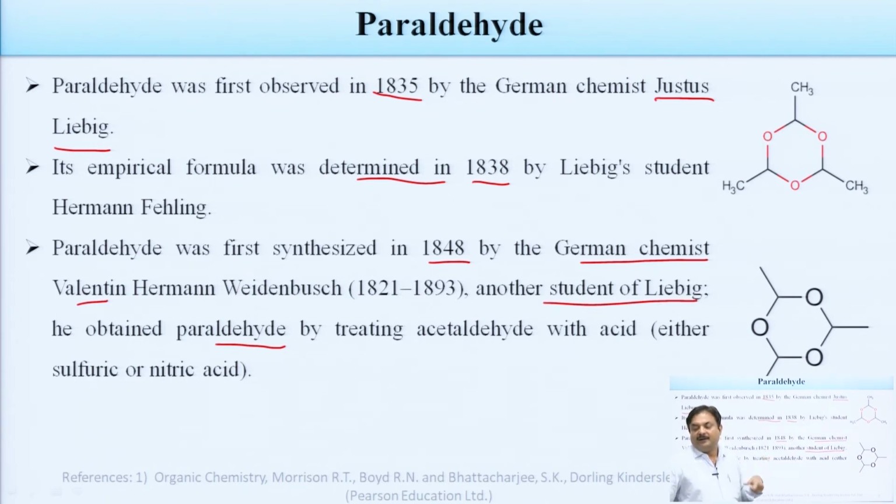Justus Liebig observed paraldehyde in 1835. After that, his two students, Hermann Fehling and Valentin Hermann Wiedenbusch, added their contributions in the discovery of the formula of paraldehyde as well as its synthesis.